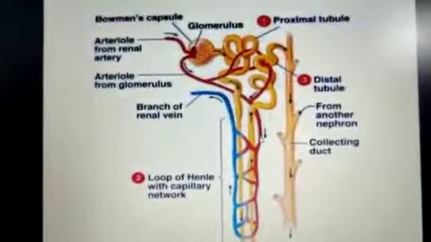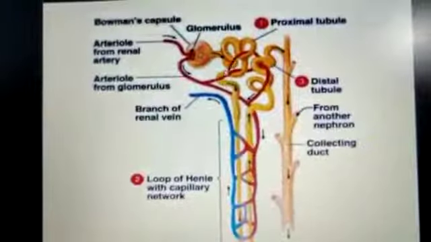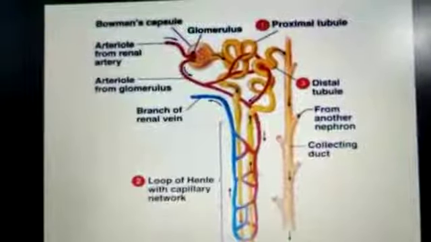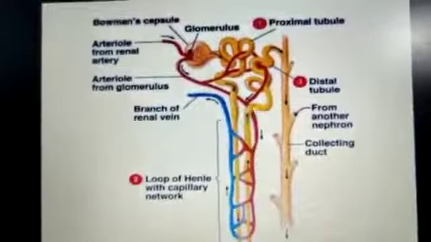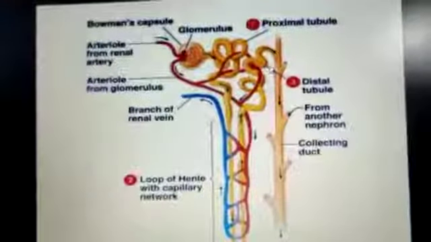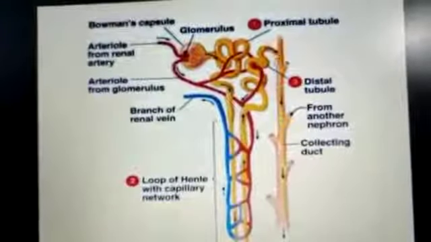This is the complete first one, the proximal convoluted tube, and then it enters into the Henle's loop. This U-shaped structure is the Henle's loop, and then the second curved tubule. You are able to see the second curved tubule that leads or opens into the collecting duct.